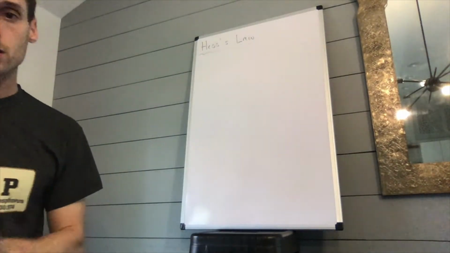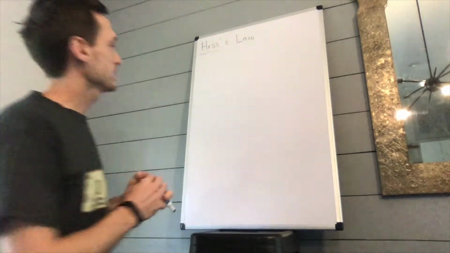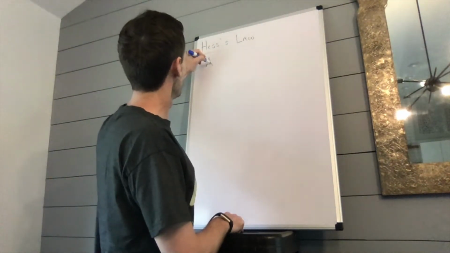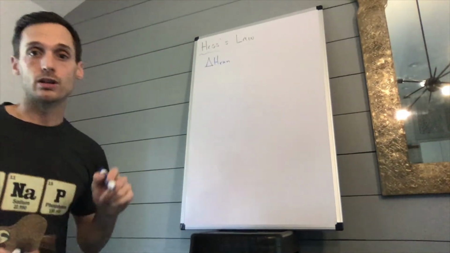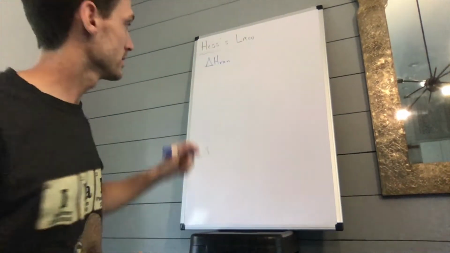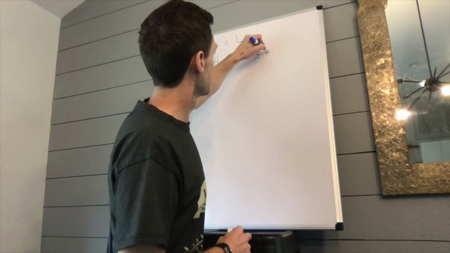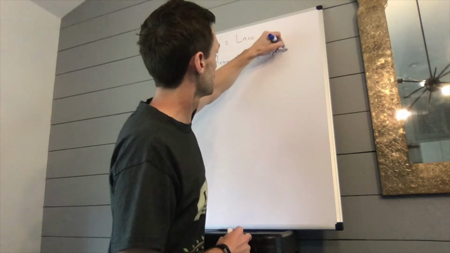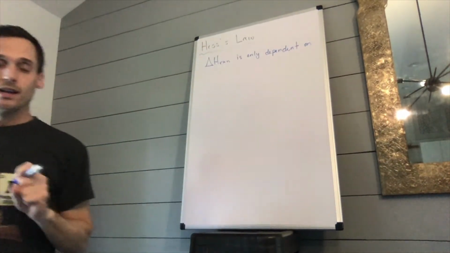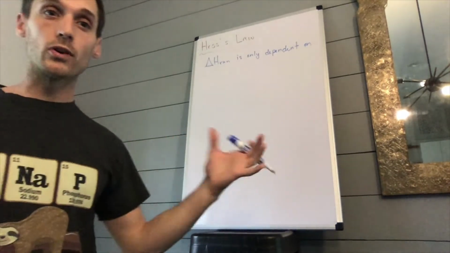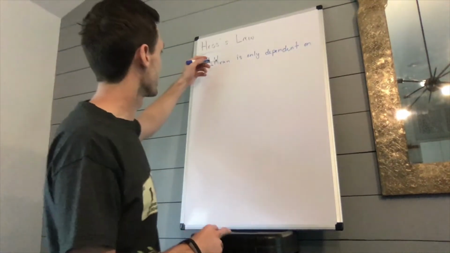And Hess's law says that the delta H of a reaction is only dependent on 2 things, okay? The delta H for the overall chemical reaction is only dependent on 2 things.